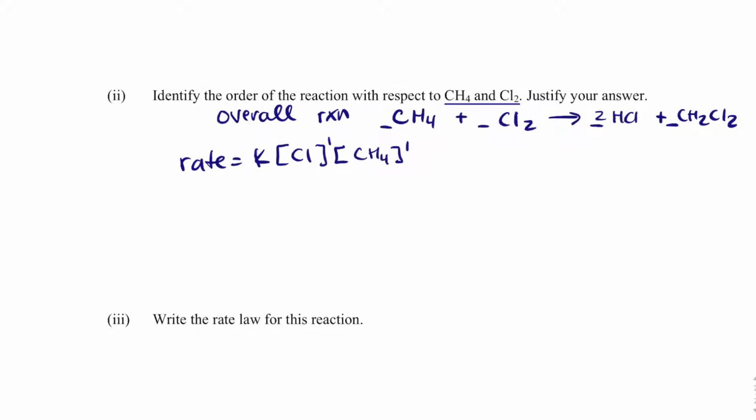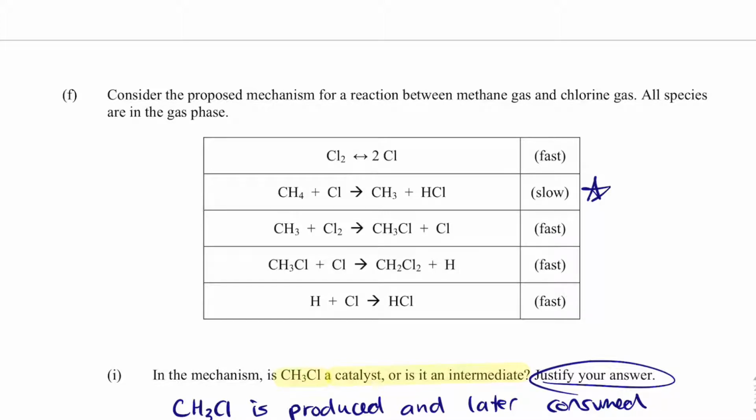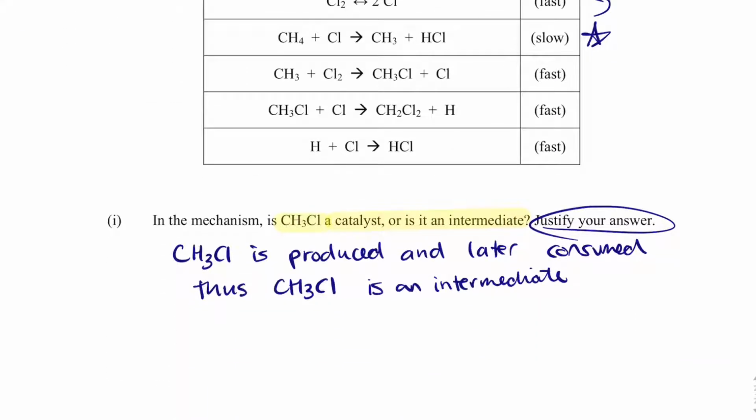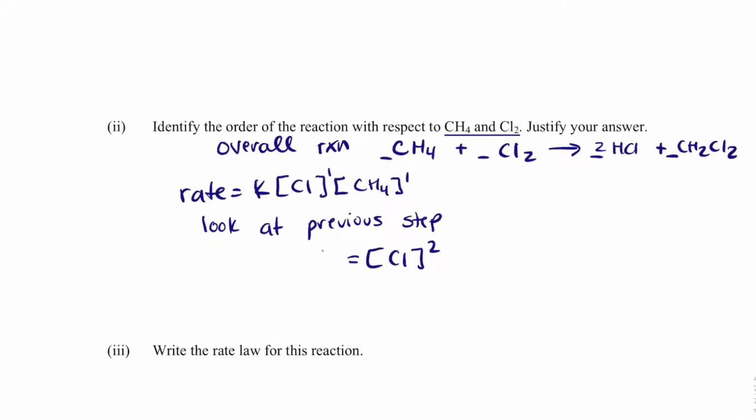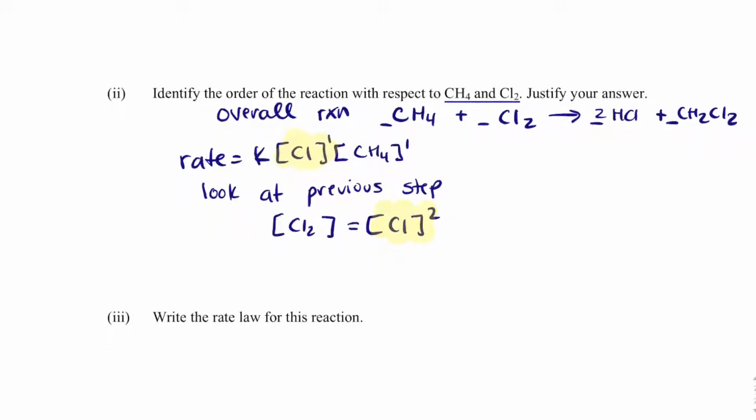And that will not work because Cl is not in my overall reaction, and I can't have an intermediate in a rate law. So what I need to do is look at the previous step. If I look at the previous step, I have Cl squared equal to Cl2. And what I need to do is substitute for Cl. Well, these two that I have highlighted are not exactly the same.